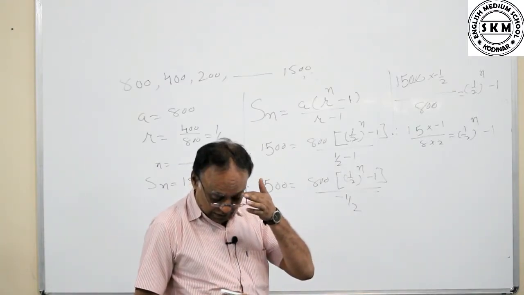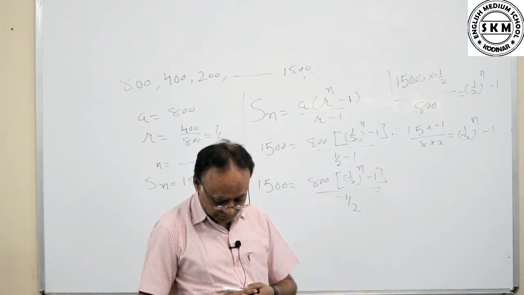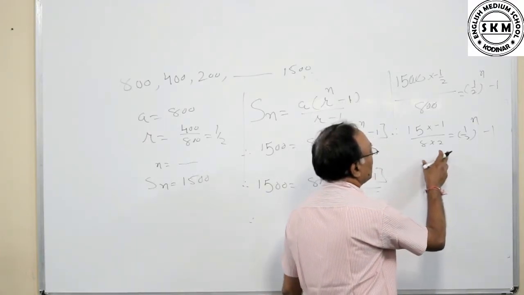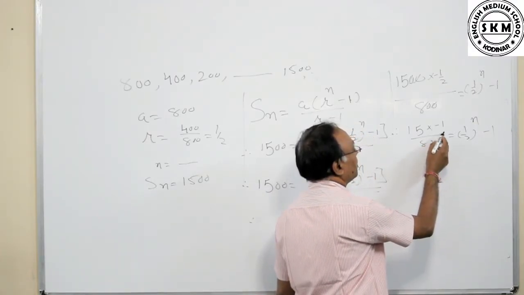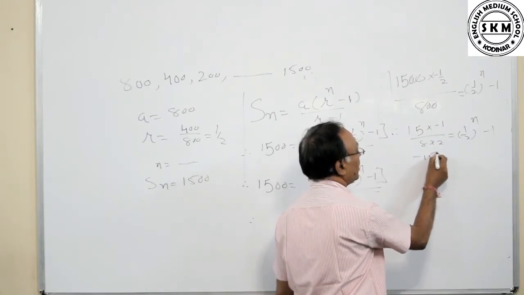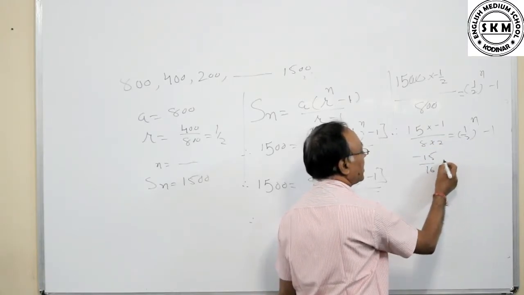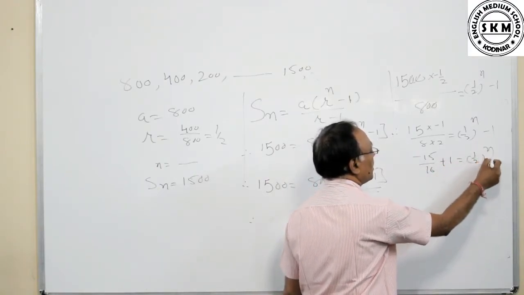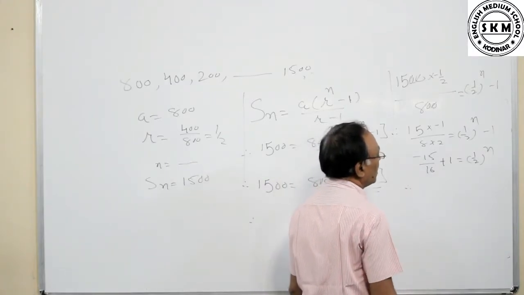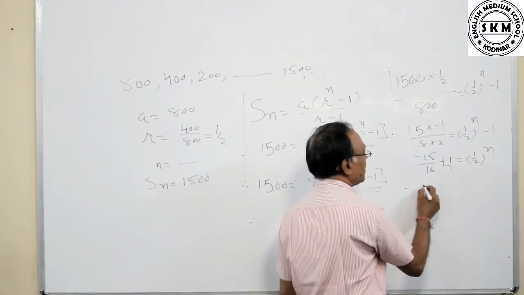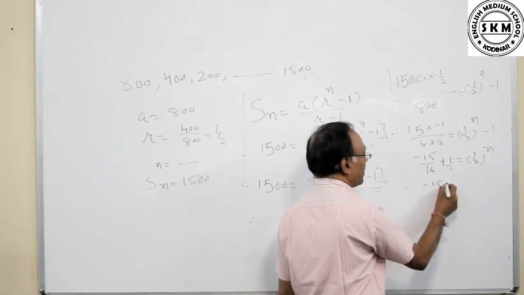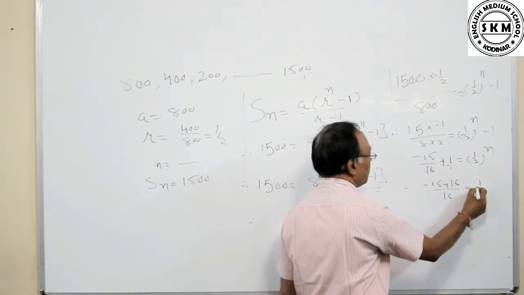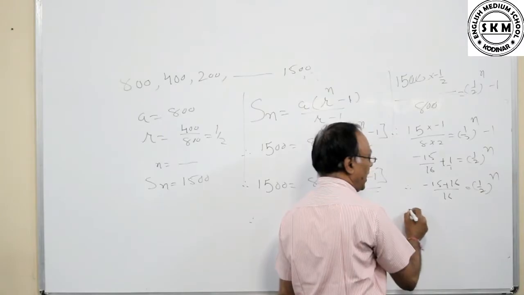Now, give the simplification. Minus 15 upon 16, minus 1 taking the other side, plus 1 is equal to 1 by 2 raised to n. Therefore, cross multiplication: minus 15 plus 16 upon 16 is equal to 1 by 2 raised to n.